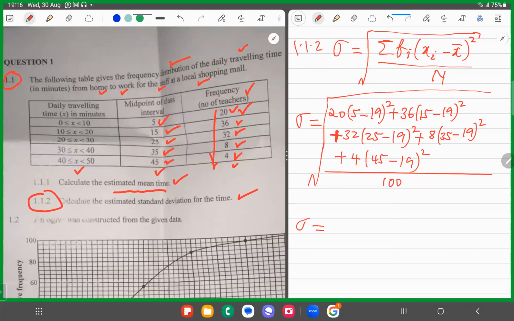So now we just need to do the top. Let's just do the top. So now doing the top, all right. So you continue. I'm using my calculator to do this one.